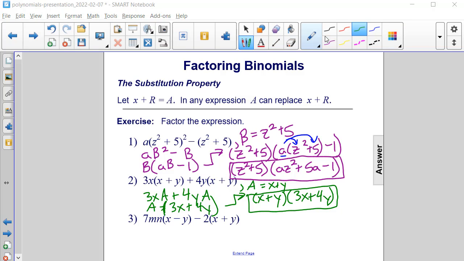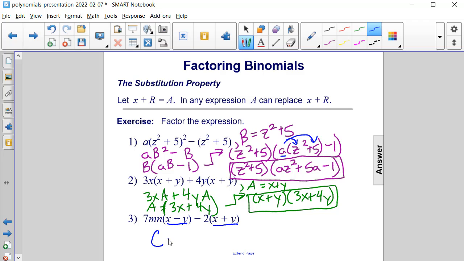And now let's look at our last one. In this problem, we have an x minus y and an x plus y as two factors. Since they are not the same, nor is one, say, negative 1 times the other, we cannot factor this.